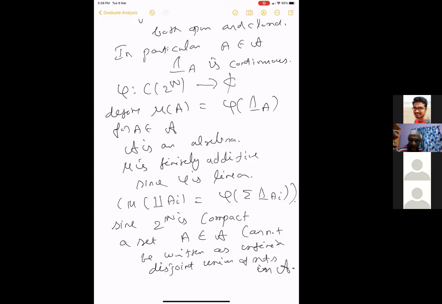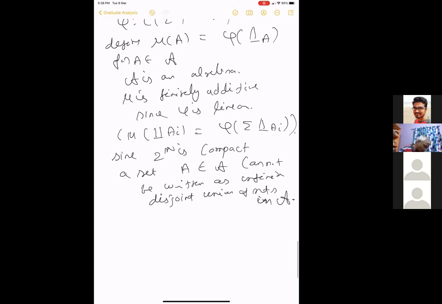So it's not possible to write it as an infinite disjoint union.